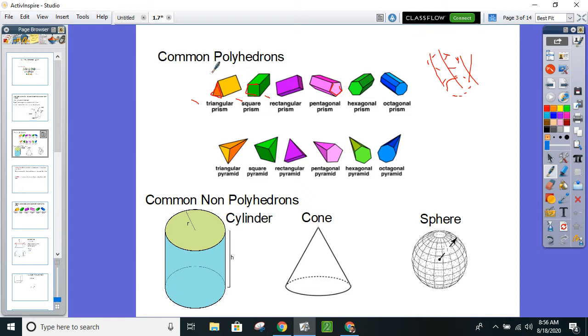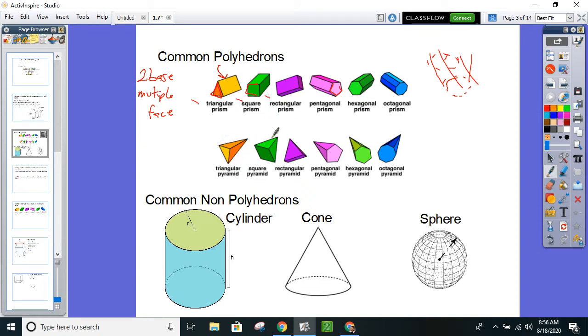Now, let's talk about the faces. On a prism, the number of faces matches the number of sides on the base. So there are 3 sides on the base, there are 3 faces, and there are 2 bases. So this has 2 bases and multiple faces; the faces vary depending on the sides.